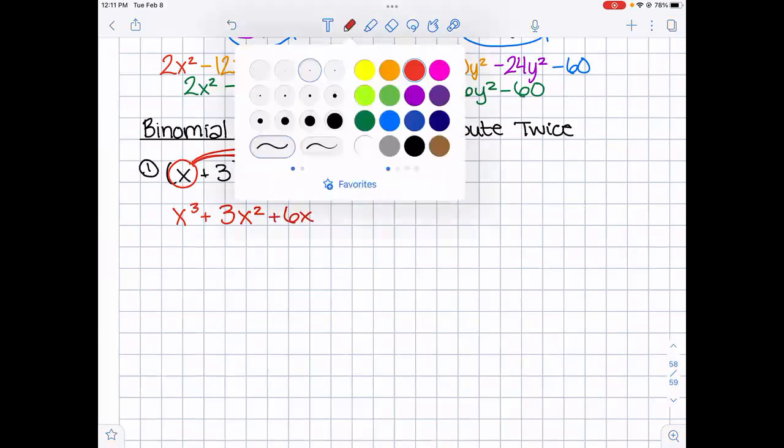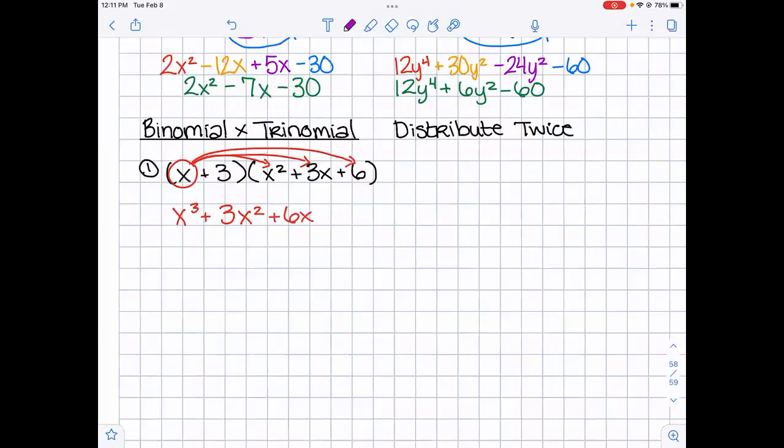Okay, that was our first distribute. Here's our second. Now we're only going to use the positive 3. 3 times x squared is 3x squared. 3 times 3x, 9x. And 3 times 6, 18.